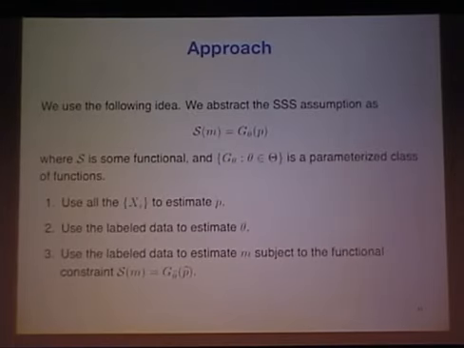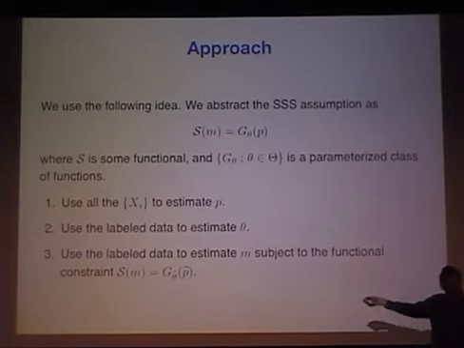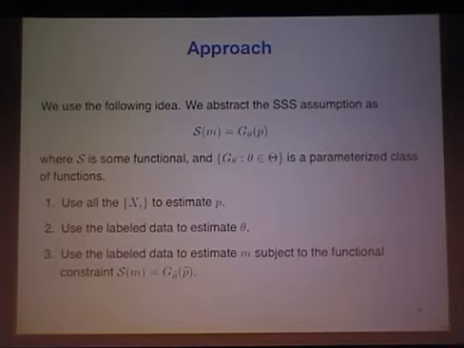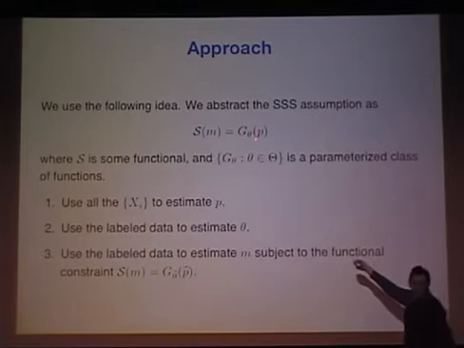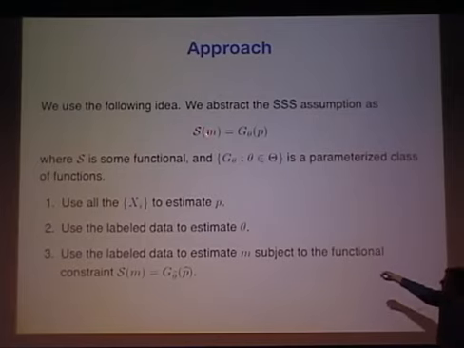So our approach is the following. Let M be the regression function. If you're in the classification setting, that's the probability that the class is 1. And P here is the data density. We assume that the smoothness of the regression function is some function of the data density in some parametric way.